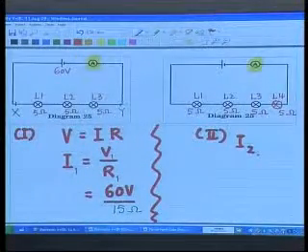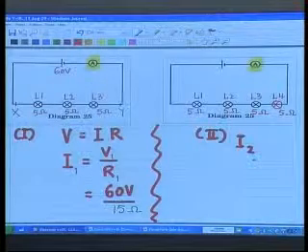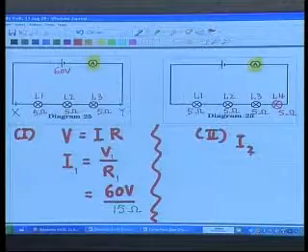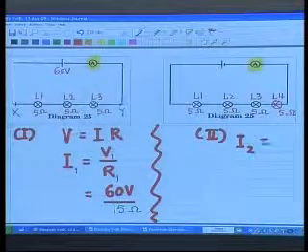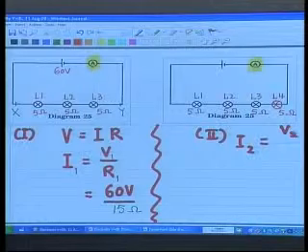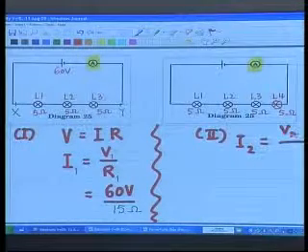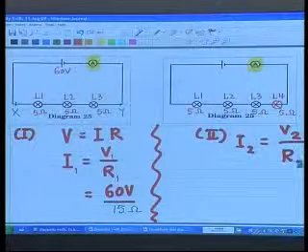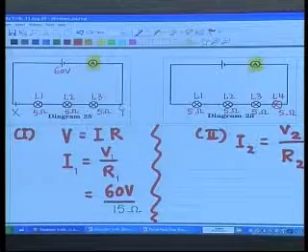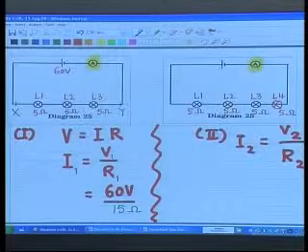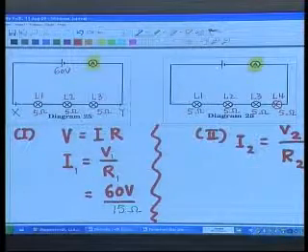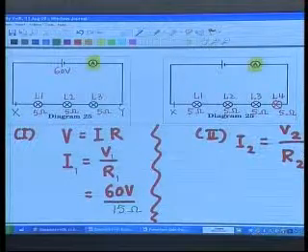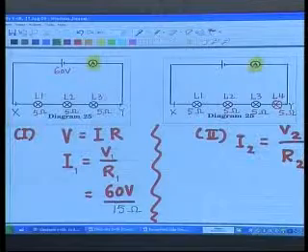Now I am adding on one more bulb, L4. So what is my I2? Looking at the left side, I'm sure you can tell me that it is equal to V2 divided by R2, where R2 is the effective resistance between X and Y. Again, we must have X and Y, the same 2 points in the circuit.